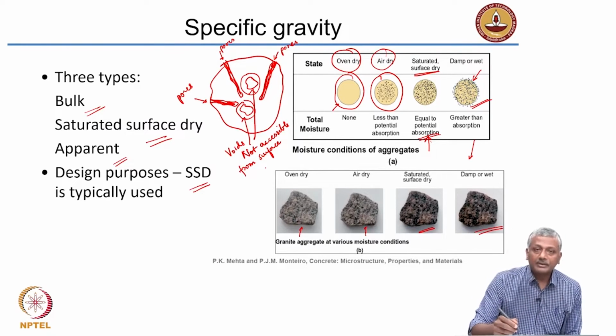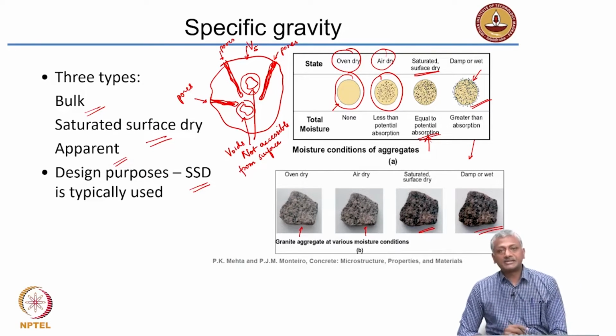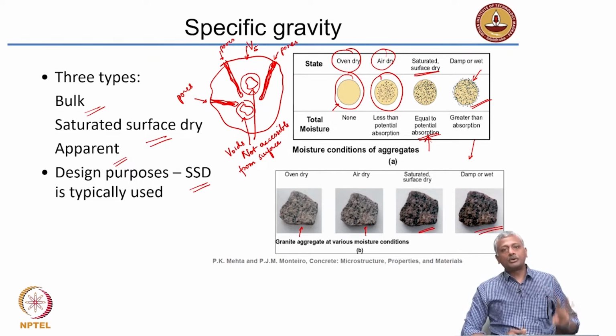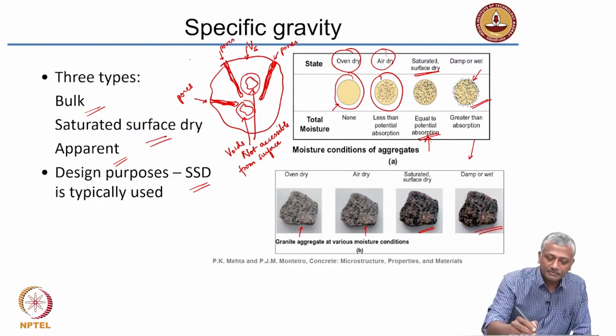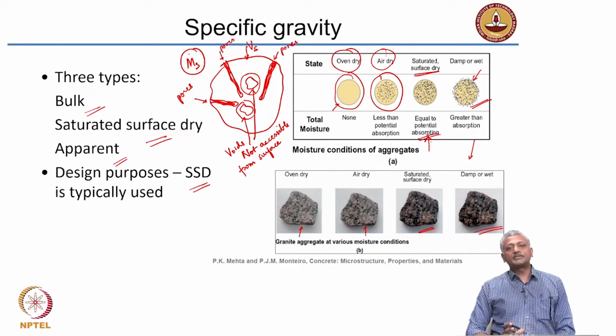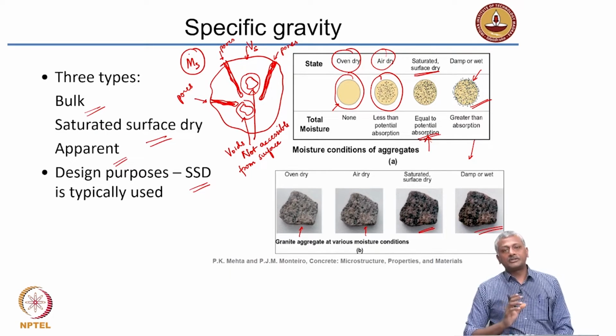So, now I have this aggregate. Let us say the solid volume of the aggregate is Vs. That means Vs corresponds to only the solid volume of the aggregate without considering any porosity or voids. And let us say the mass of the aggregate is Ms, the solid mass of the aggregate. That means you completely dry the aggregate and measure the solid mass.